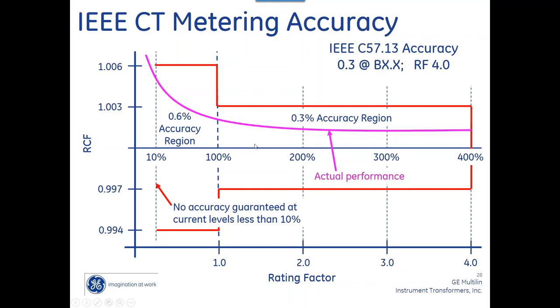I've actually got some customers, and what they'll do, I think I've got this on the next slide. Yeah. They'll actually take, and this is utilities, 100 to 5, but I know I'm only going to see typically 50 to 75 amps, because I've got a rating factor of, say, 4. Instead of using a 100 to 5 CT, they'll use a 50 to 5 CT. So now they're right here. So they get into the accuracy range, and then they've basically decreased the rating factor slightly.